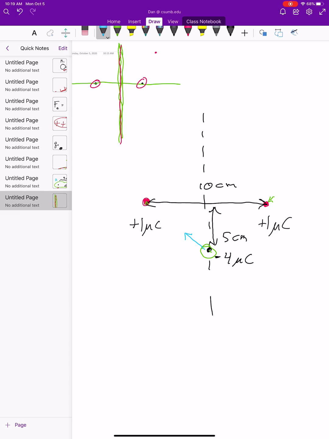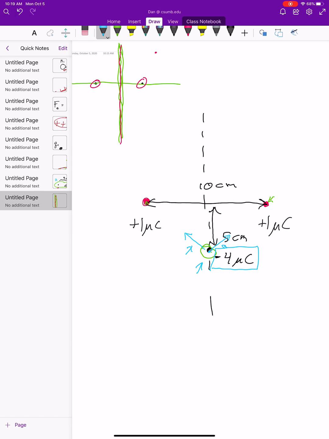Similarly, this negative 4 microcoulomb charge is going to be attracted to the other plus 1 microcoulomb charge. So I'll draw an arrow to reflect the force that it experiences as a result of the other charge. Again, my focus is on the negative 4 microcoulomb charge. So I'm going to have to figure out the combined effect of this one plus that one on that charge.